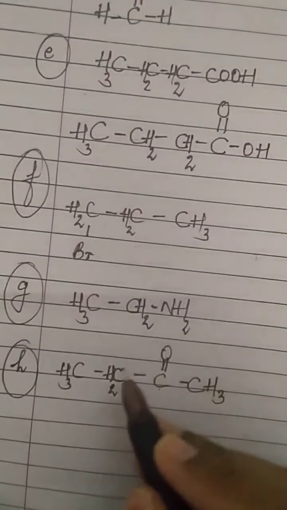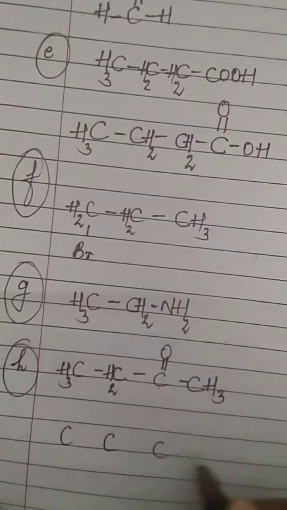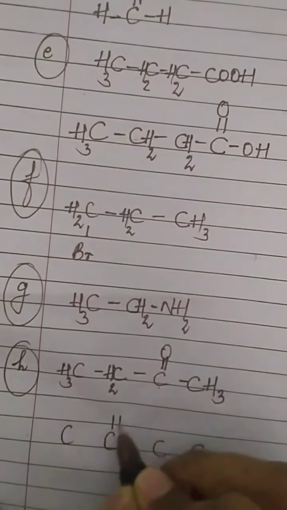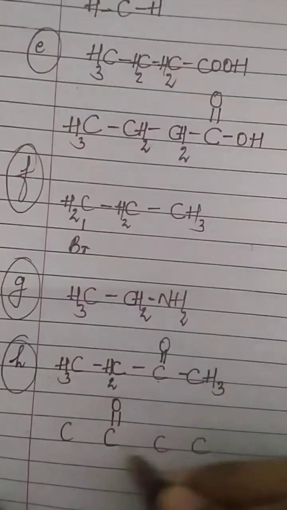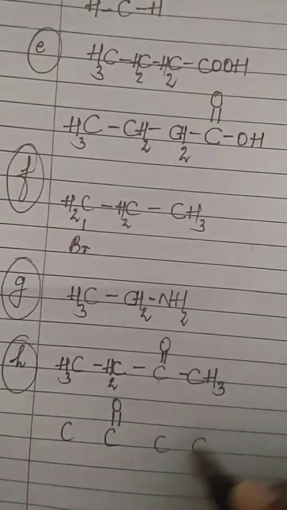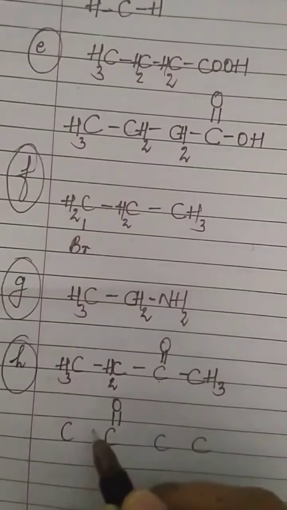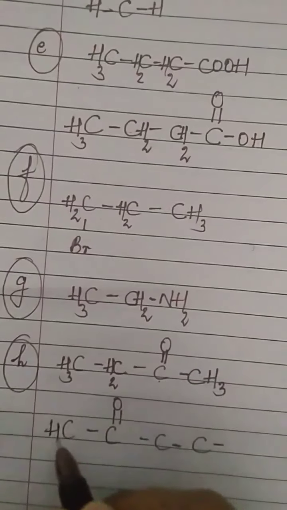Butanone. Suppose you want to put it on the second carbon. How will you put it? Methane, ethane, propane, butane. To the second carbon you want to put the double bond. So this way also you can write, or this way also. Let me show if you put the double bond on the second carbon. These are the bonds for the carbon. 3 more to go.